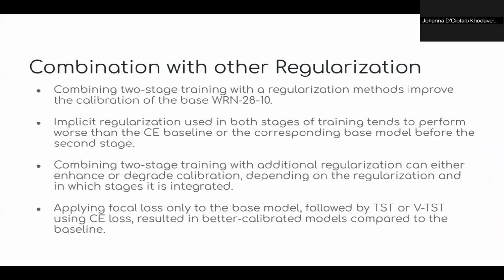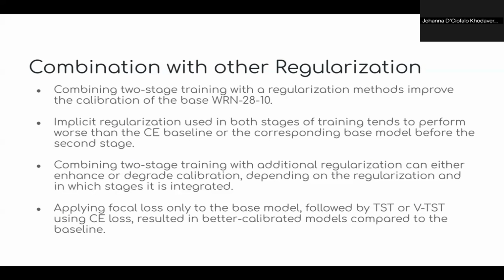In summary, our findings for combining two-stage training with other regularization techniques are the following. All regularization methods improve the calibration of the base WRN. Using additional implicit regularization in both stages of training tends to perform worse than the CE baseline or the corresponding base model before the second stage.